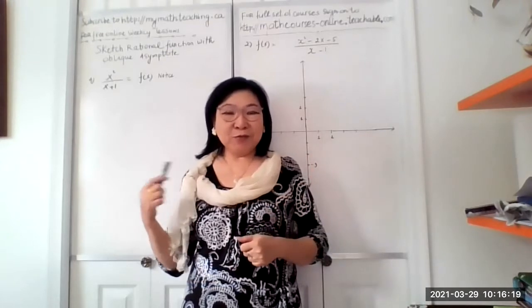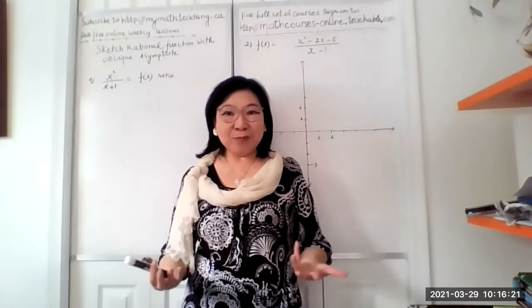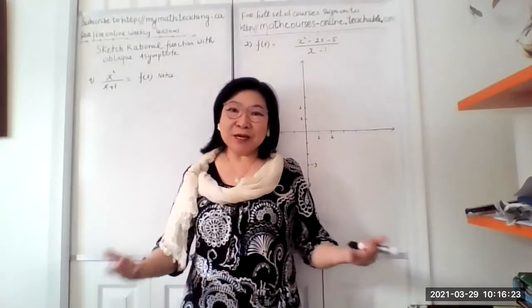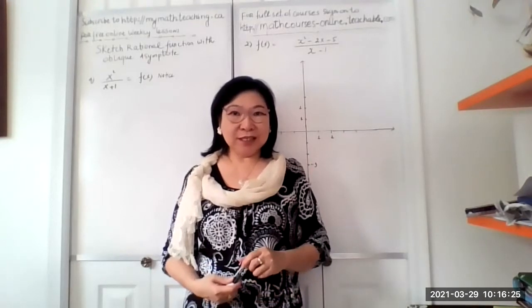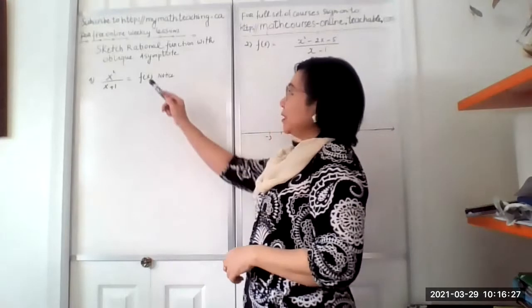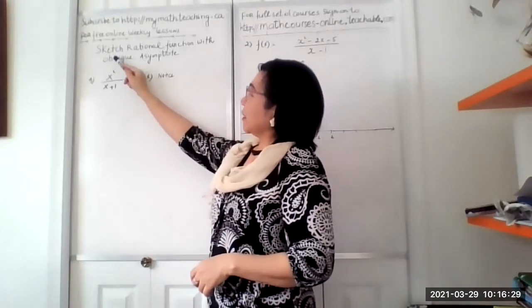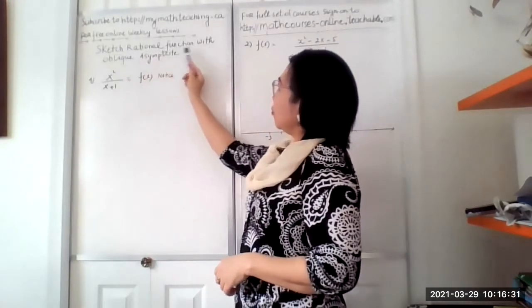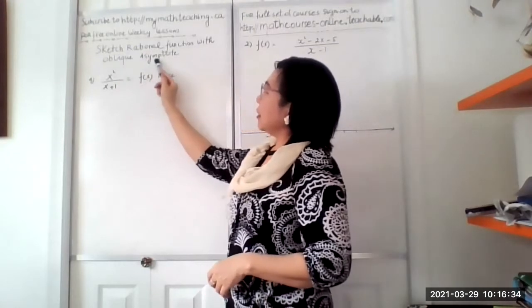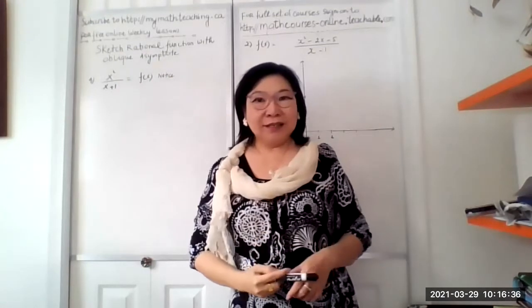But today we'll learn one more step, which is oblique asymptotes. So what is an oblique asymptote? And the spelling of it is here. Sketch rational function with the oblique asymptote.